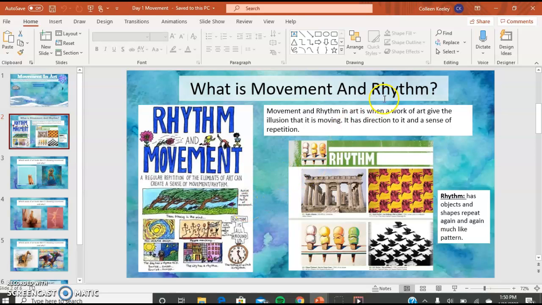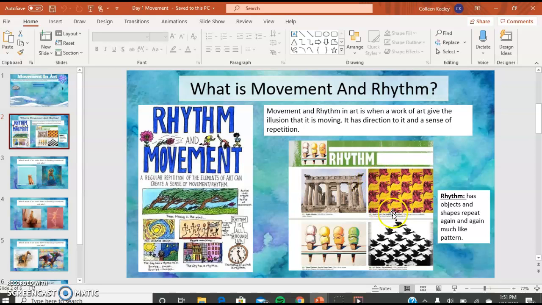When it talks about rhythm, you guys probably know more about rhythm than I do, because rhythm is something that you learn in music, and you guys have been taking music for a really long time now. Rhythm is a repetition of something, like repeating a beat again and again, so it creates a nice rhythm to it. Same in art, it's repeating something again and again.